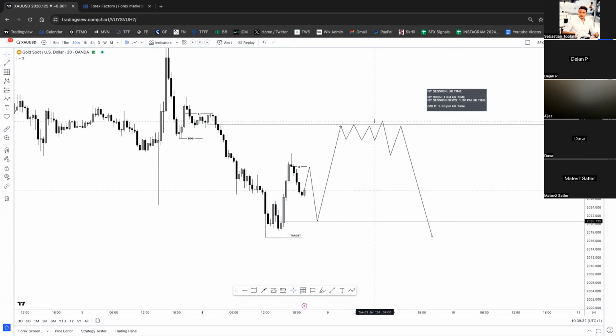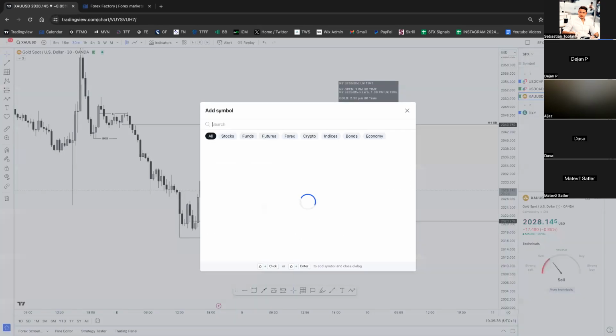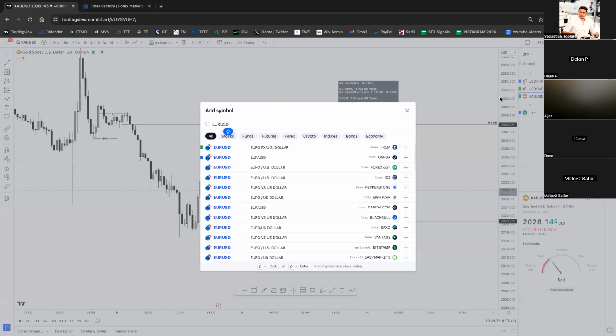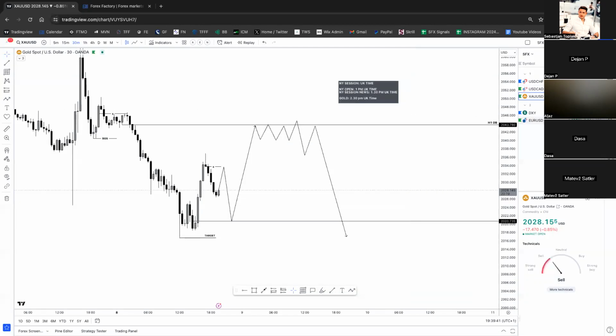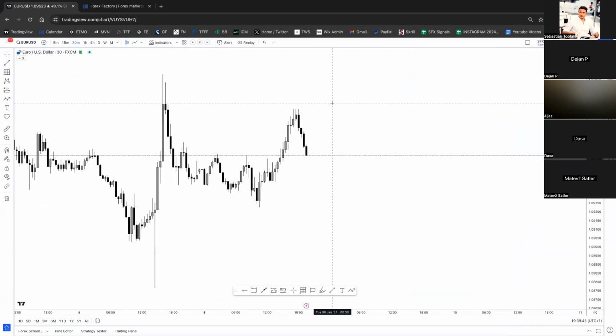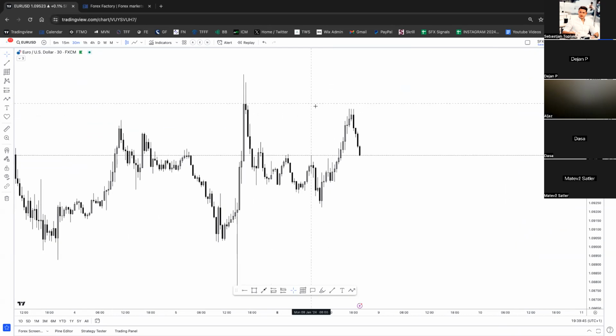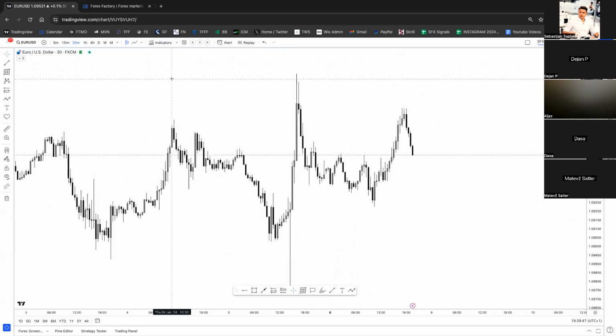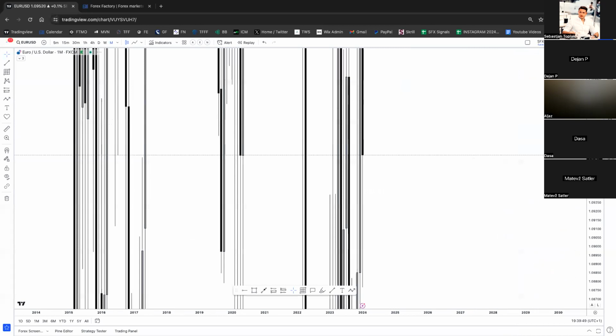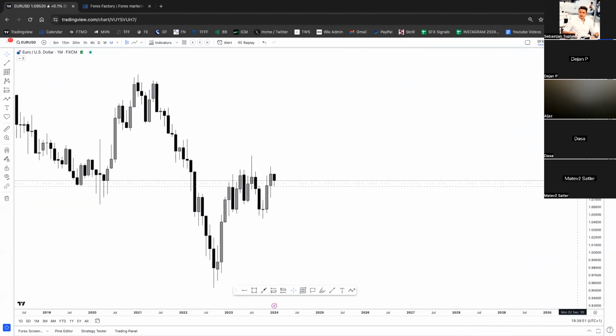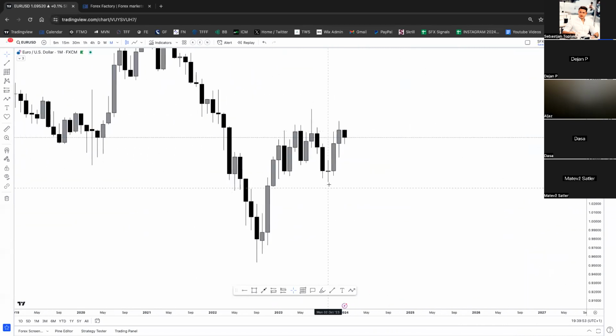So EURUSD, you said you want to go through. Let me check that real quick. Okay, interesting. Monthly on the EURUSD, we had a sweep in the previous months and we've escalated to the highs.